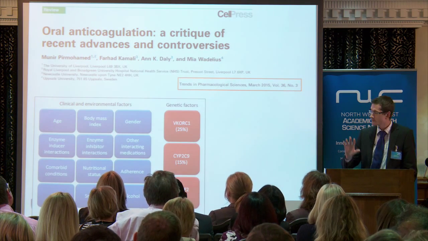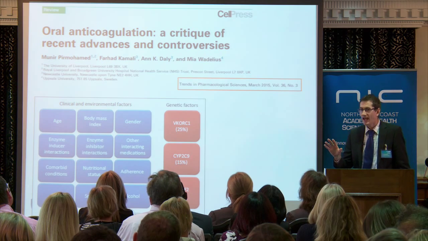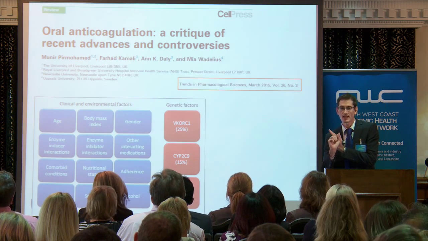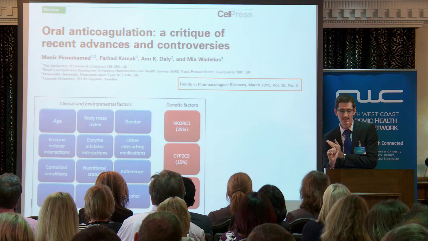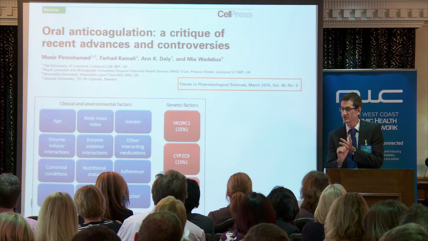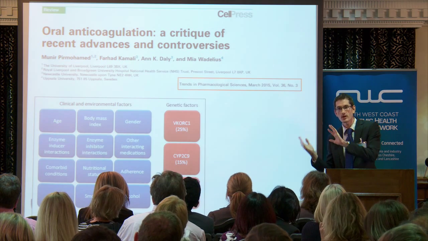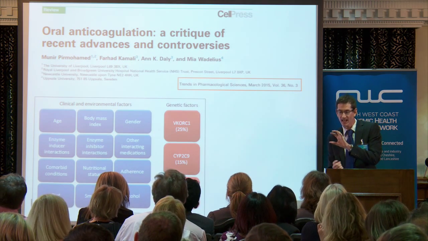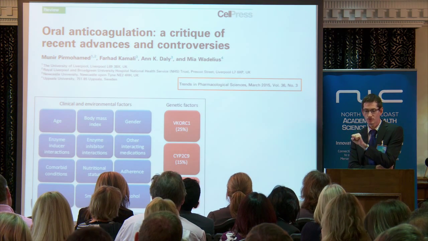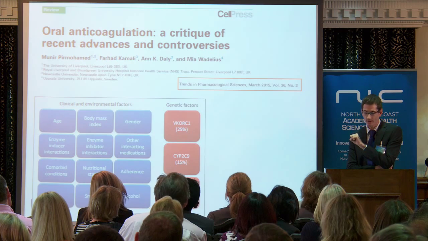So this is a recent review article, and we've already heard warfarin, as we can see with the major bleeding, has a narrow therapeutic index, but it also has this 40-fold variability in the doses that patients take, and this is because there are many factors that affect an individual patient's drug dose requirement.